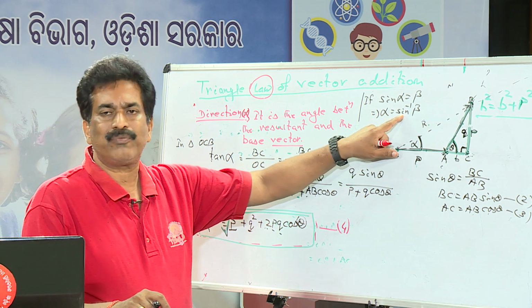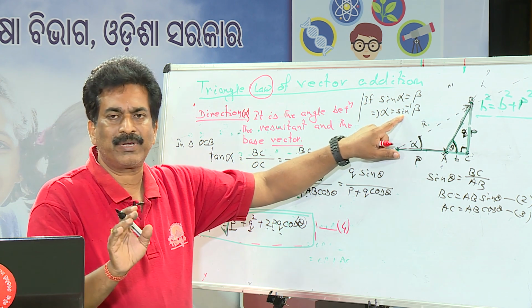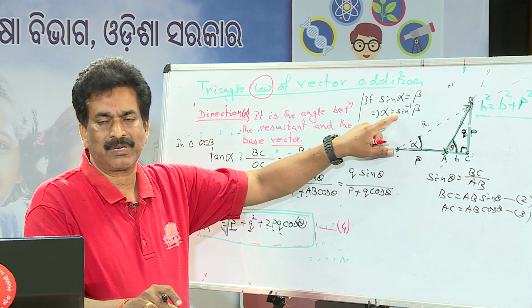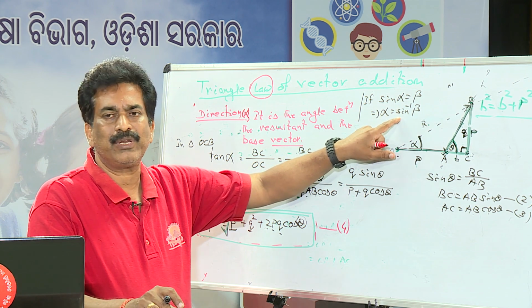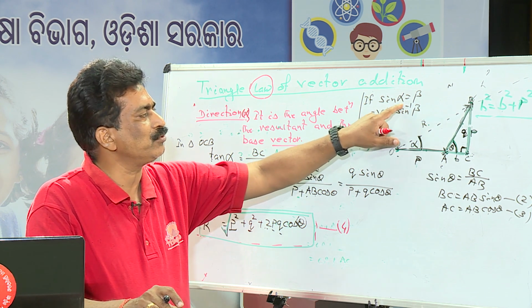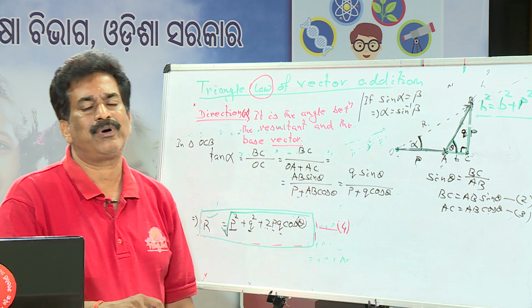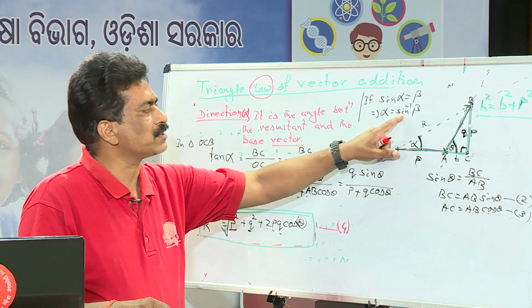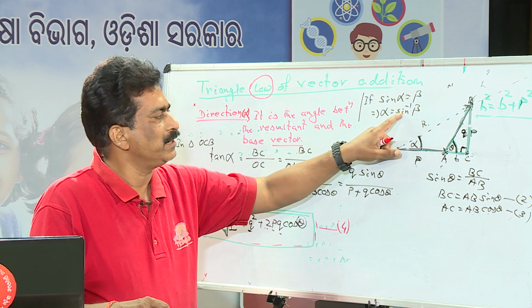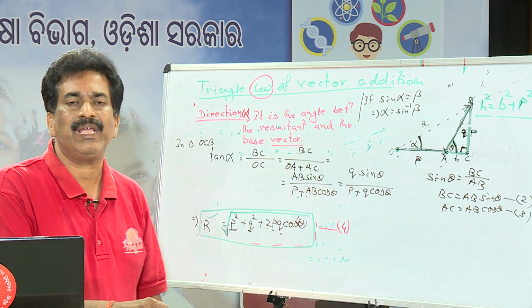But if you go through the properties of the triangle, you will come to know that in mathematics, this sin to the power of minus 1 is never pronounced as sin to the power of minus 1. It is pronounced as sin inverse.